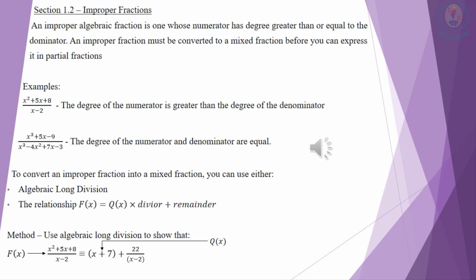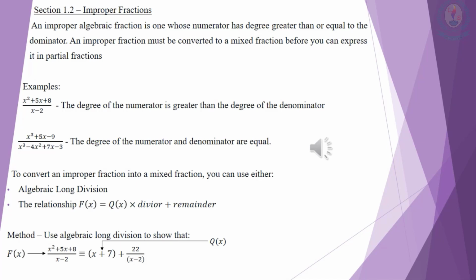Example two: x cubed plus 5x minus 9 divided by x to the power 3 minus 4x squared plus 7x minus 3, where the degrees of the numerator and the denominator are equal, the highest degree being the same in the numerator and the denominator.